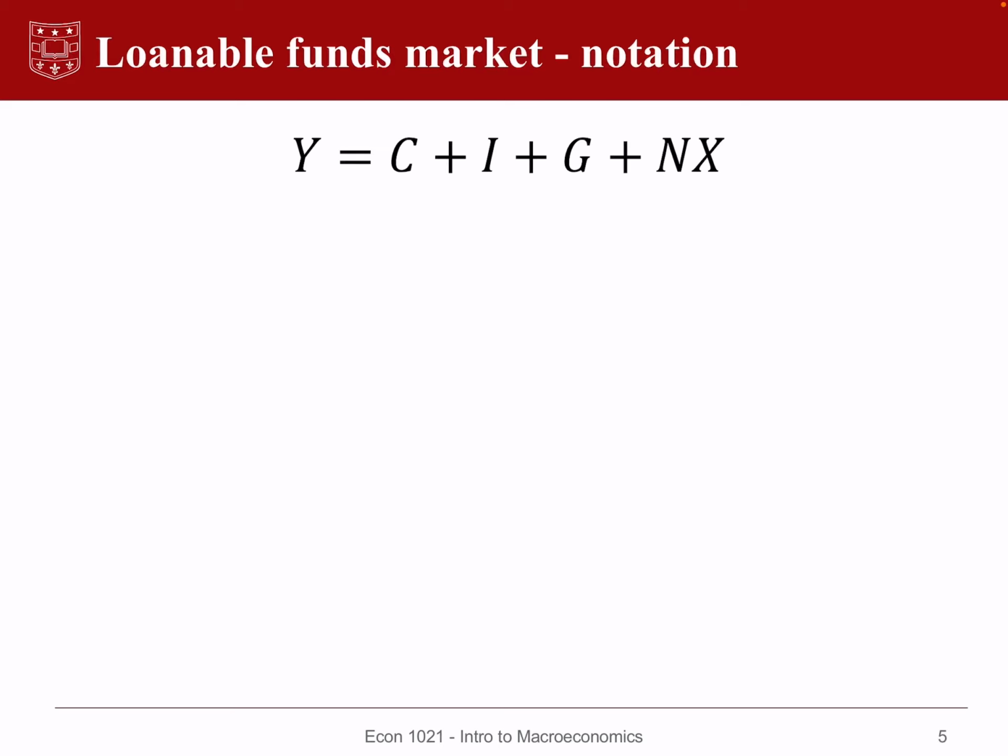In terms of thinking about the characterization of the loanable funds market, we're going to take a tack similar to the previous set of notes, and start with the basic equilibrium condition, which is that the amount of spending in the economy, C plus I plus G plus NX, is the amount of income or the amount of production of real goods and services.